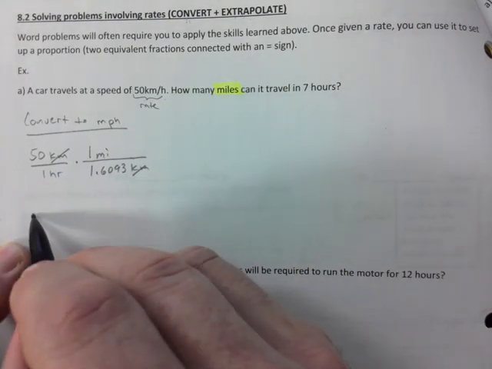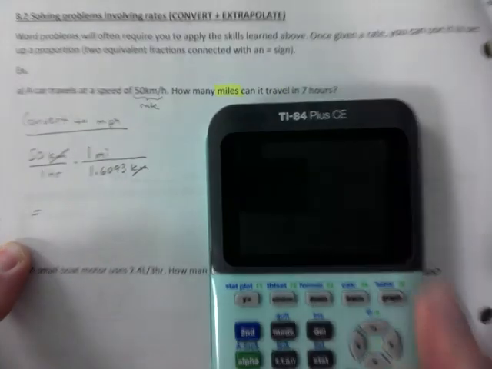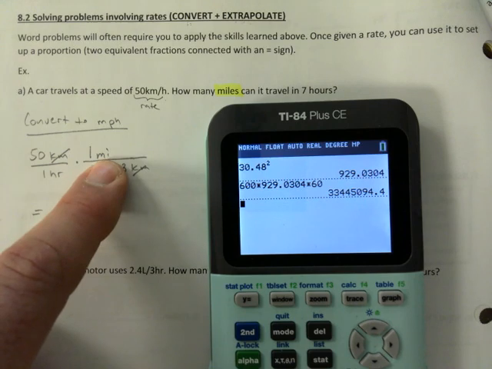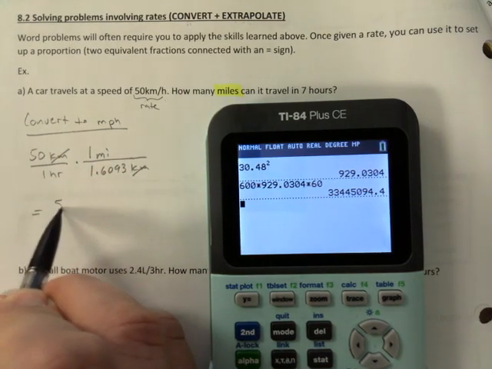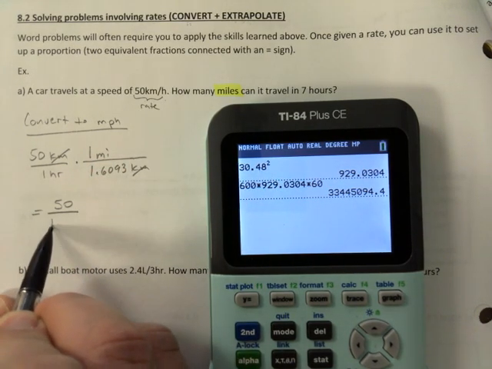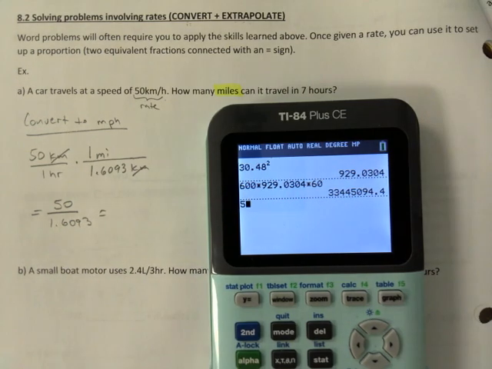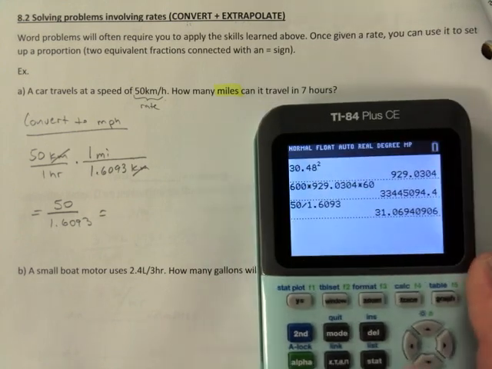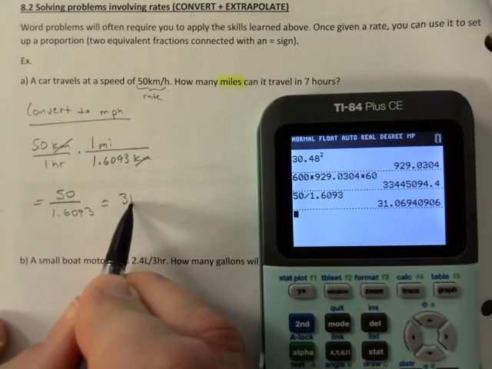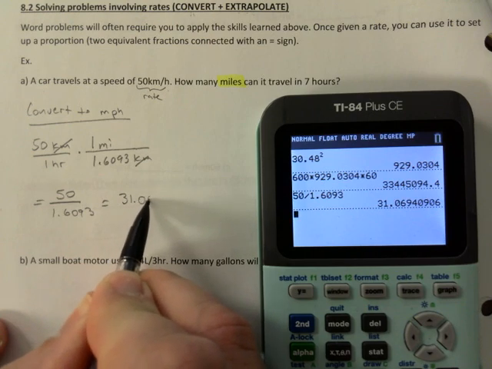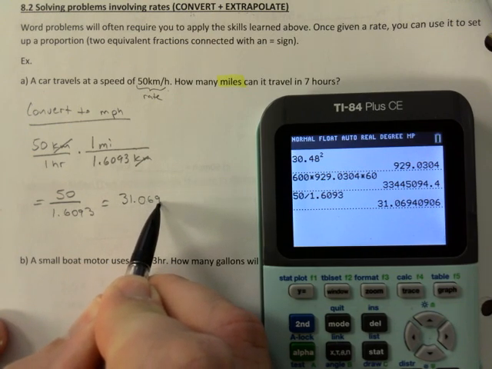So here we go. It's basically 50 times 1, which is 50. I'm just going to stick with it, and now I'm going to divide. So 50 divided by 1.6093, that's 31.0694.